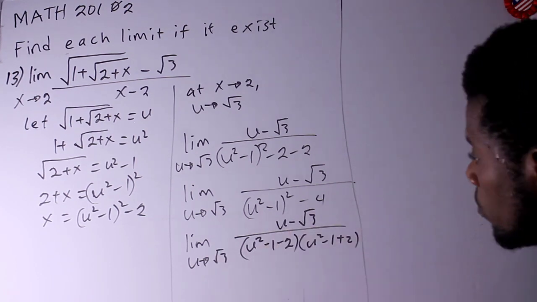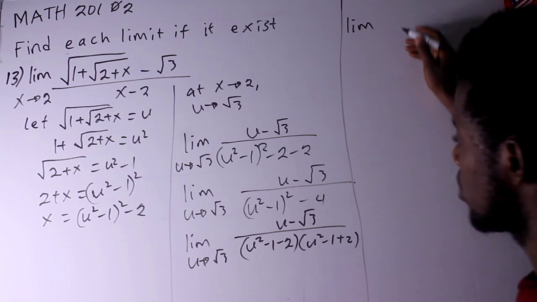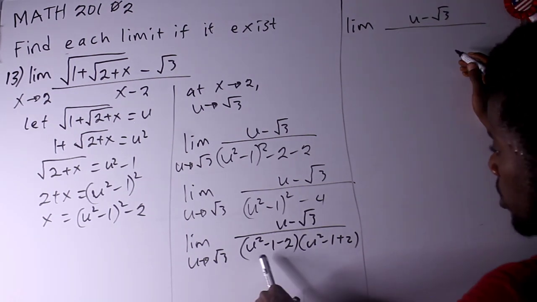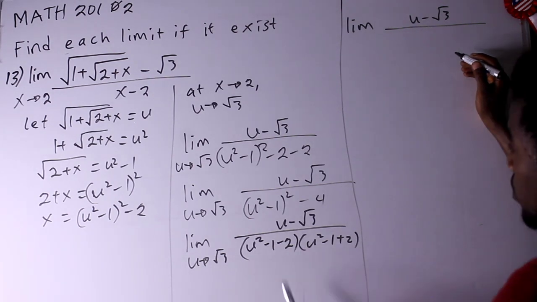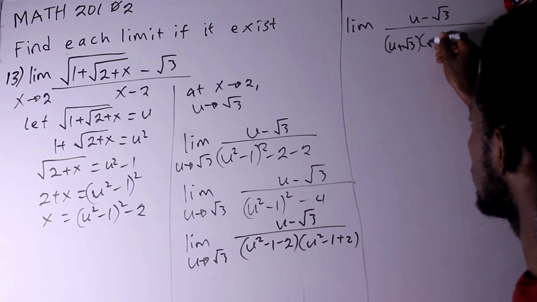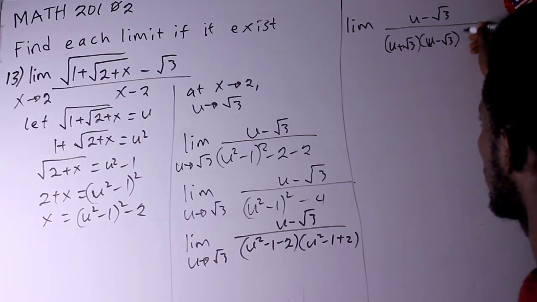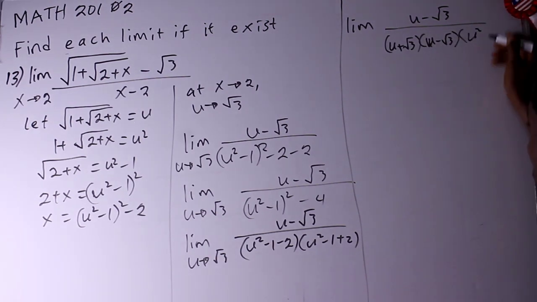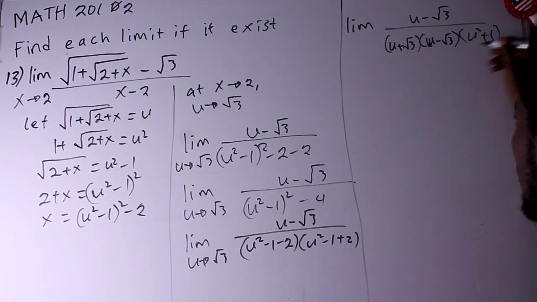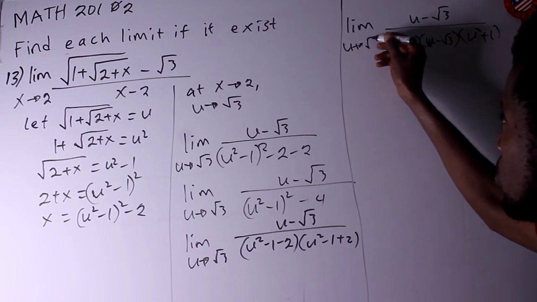From there, we have the limit of u minus root 3, all divided by u squared minus 3 times u squared plus 1. And u squared minus 3 will be factorized as u plus root 3 times u minus root 3.